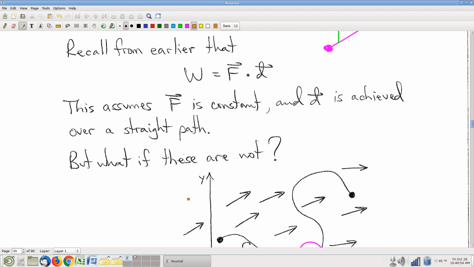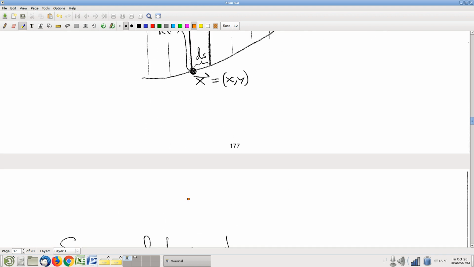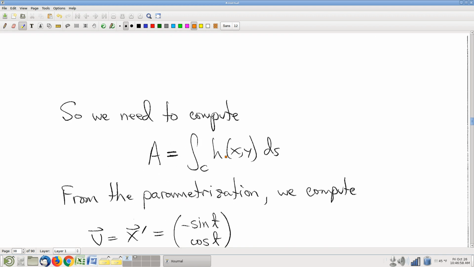Let's look back to, for example, something like this. Here, we were taking a scalar valued height, which you might think of as area per unit length of the fence, right? That scalar valued integrand we multiply by this scalar representing the size of the piece of curve. Scalar times scalar.